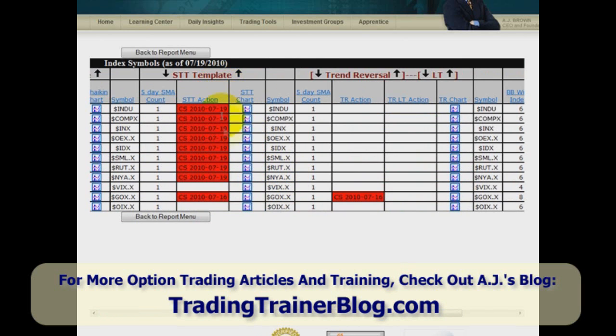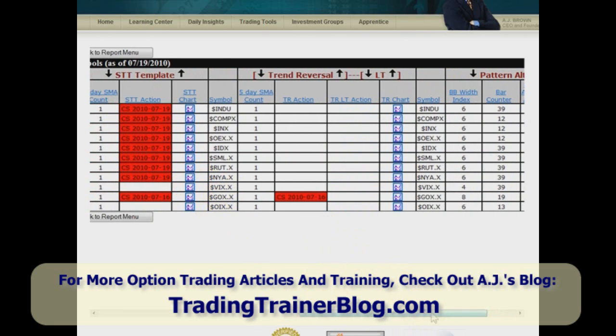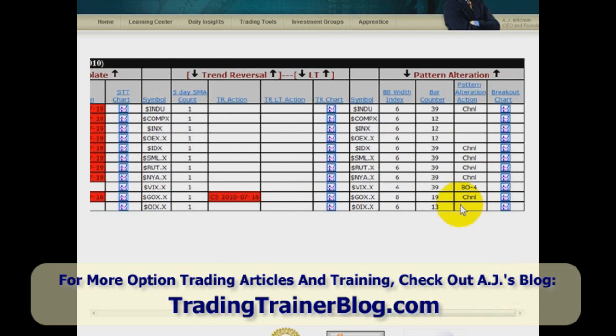Our short-term trend test is showing some bearish motion, probably left over from the swing down on Friday, but our trend reversal test has gone neutral, which kind of negates the trend test. Most importantly, we see our Bollinger Band index, which ranges from 1 to 10, at a 6, which means it's a pretty wide channel. And our bar counter is high, in most cases above 20, which says we're channeling sideways.